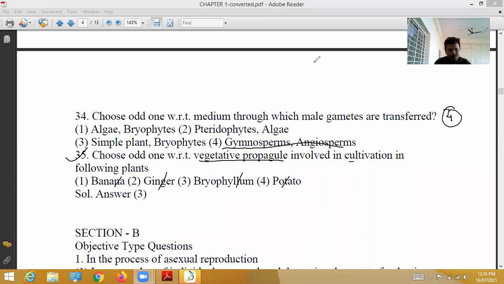Choose the odd one with respect to vegetative propagule. Vegetative propagule is nothing but vegetative reproduction. Vegetative propagules are what? Root, leaf, stems, those involved in cultivation of plants. I want the reason. Banana, ginger, potato, Bryophyllum.